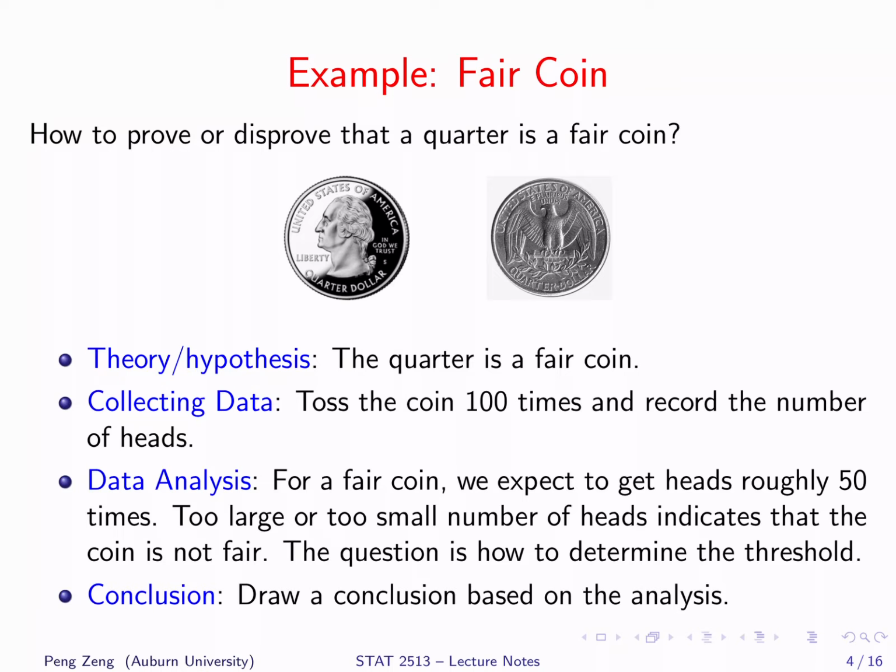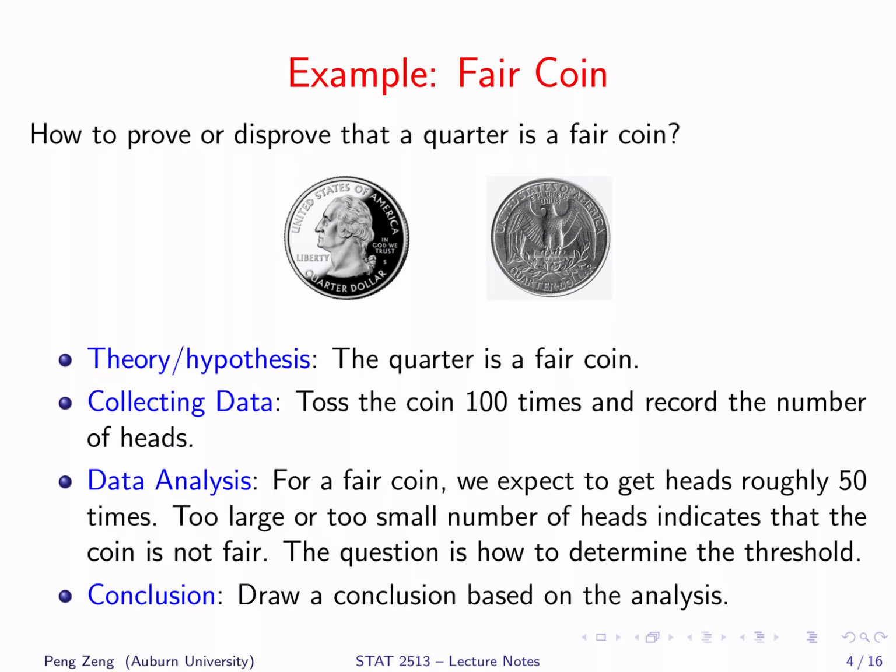For example, if we get 51 heads, we tend to believe that the coin is fair. How about 60 heads? How about 70 heads? What is a reasonable cutoff point? If you can select a cutoff point based on a good reason, we can draw a conclusion based on that.